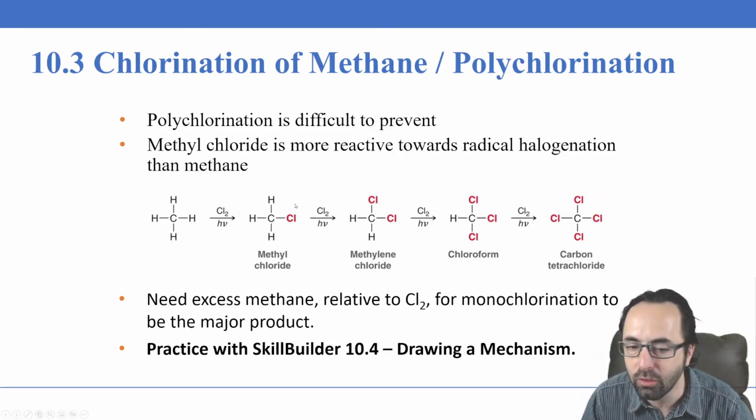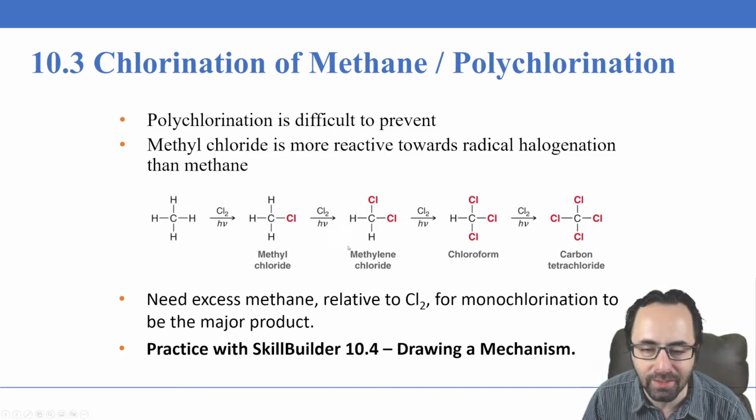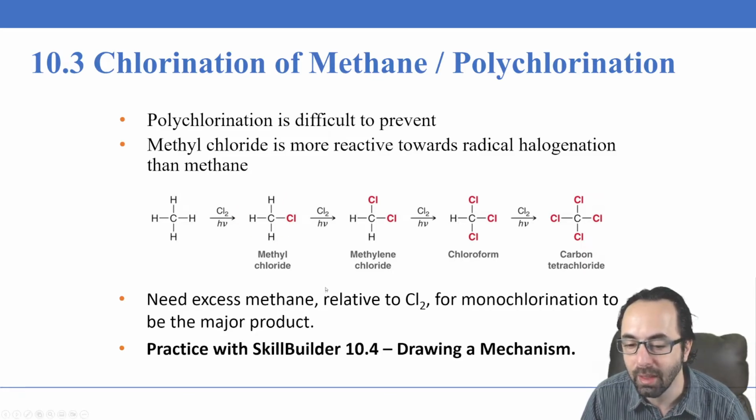The way that we make sure that we just produce chloromethane as opposed to carbon tetrachloride, or tetrachloromethane as it should be systematically called, is to have lots and lots of methane but not a lot of chlorine. So you can't keep adding it as easily. Are we still going to get some of these? Yeah, a little bit. But by keeping the methane concentration high, we can keep that to a minimum, or that's the way they try. Again, these reactions are a little bit harder to control than ionic reactions.